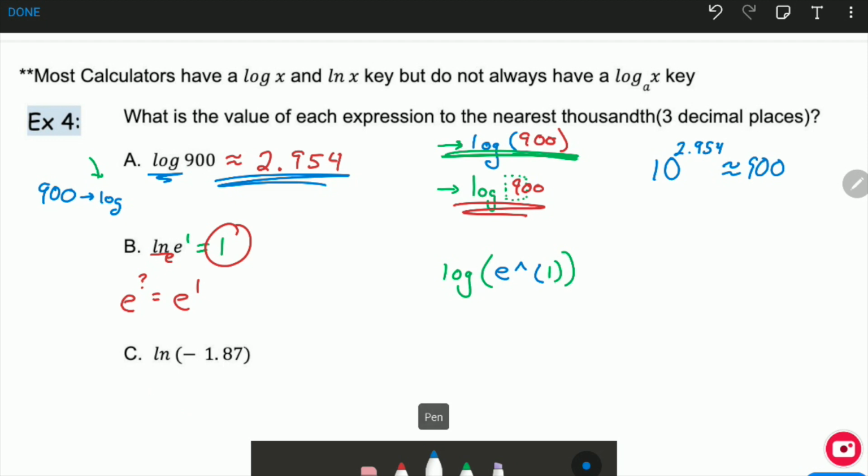And if we do the last one here, one of our conditions for logarithms was that the number inside the logarithm is not negative. This is asking us the question, e to what power is negative 1.87? And e is a positive number. A positive number to an exponent cannot give you a negative number here.